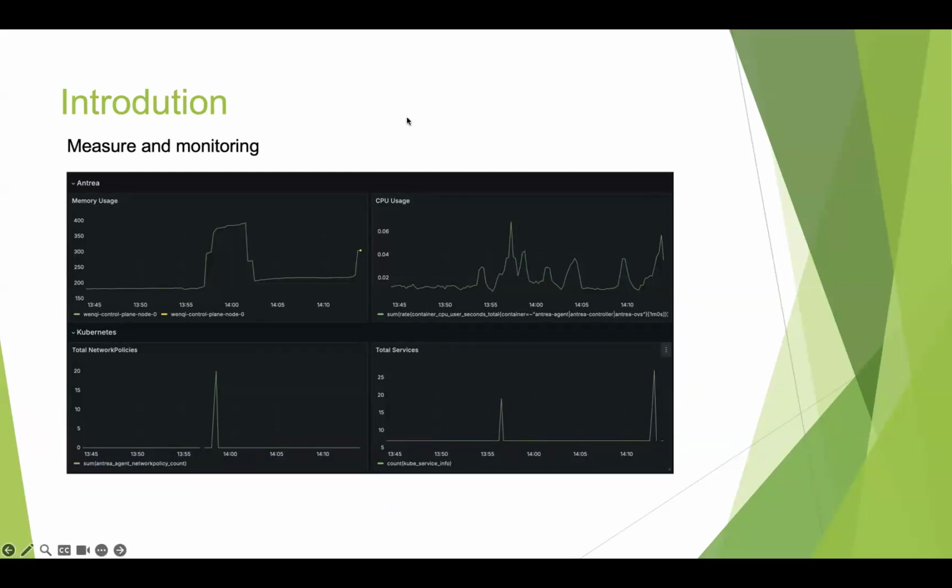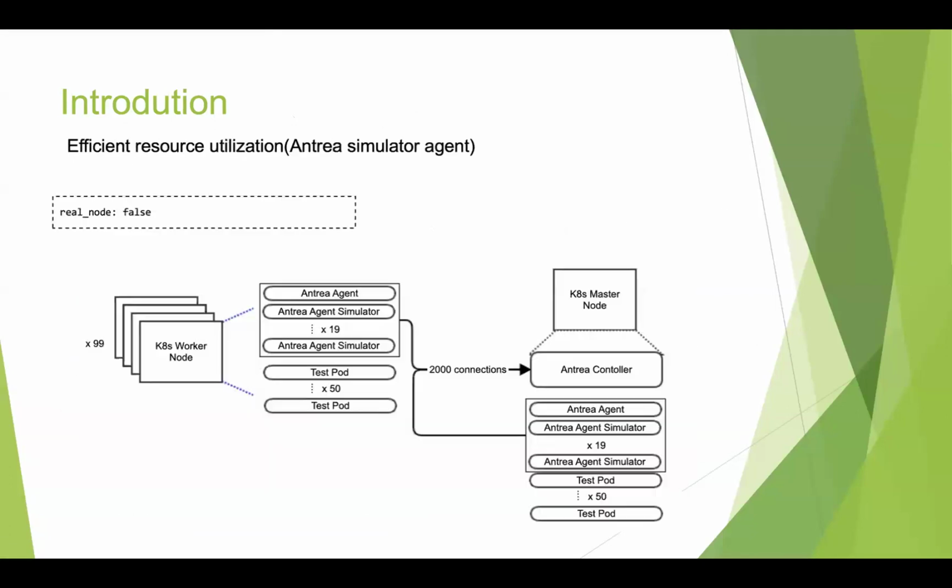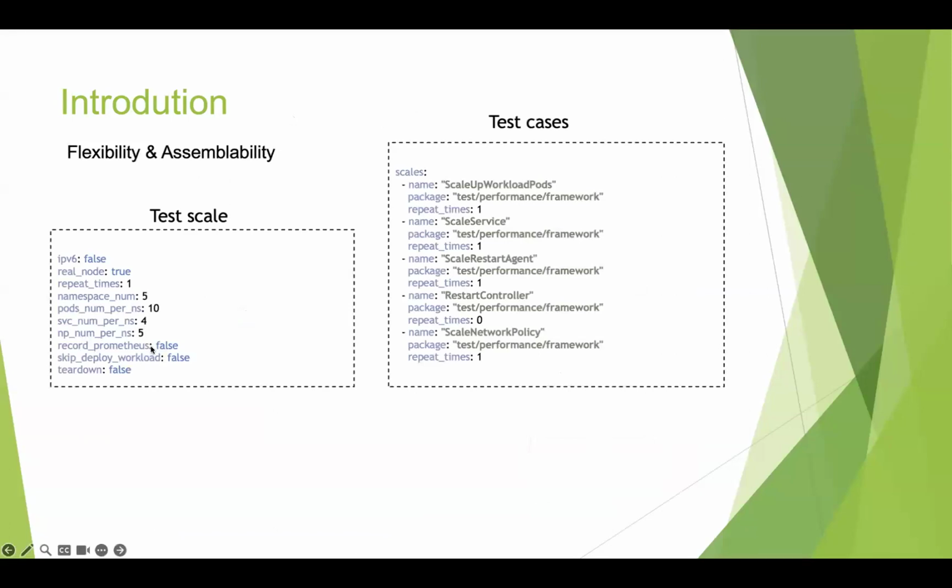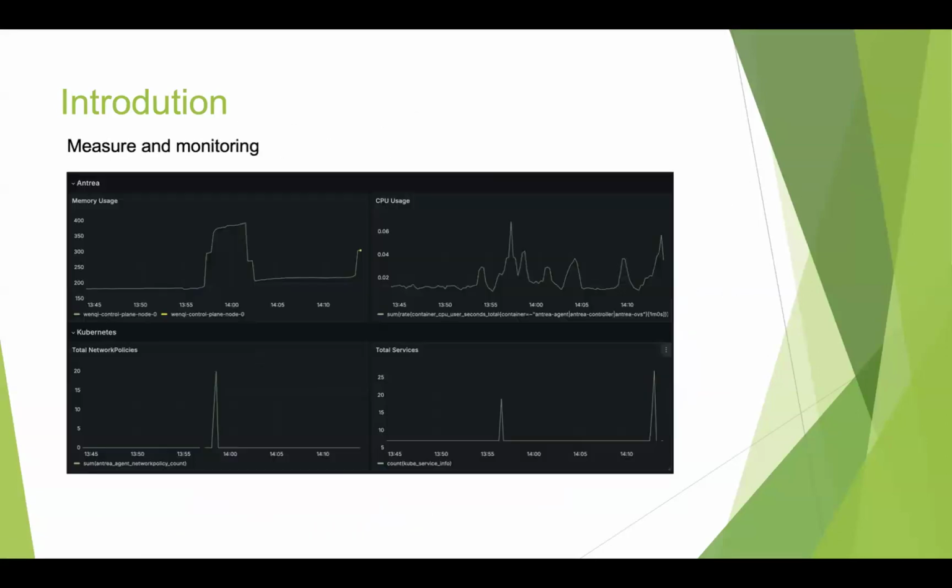If we want to see the CPU and memory usage, we can just enable the record Prometheus parameters, and then the test tool will deploy Prometheus and Grafana during this testing.